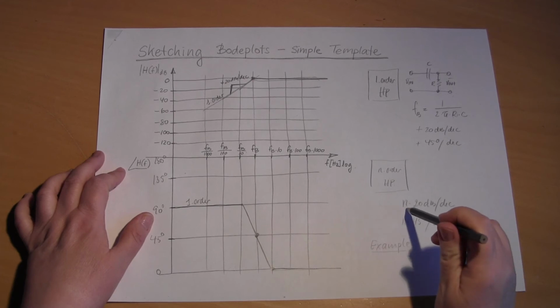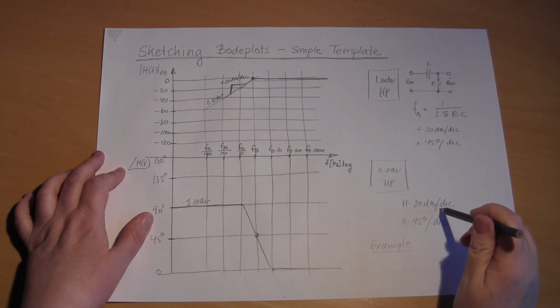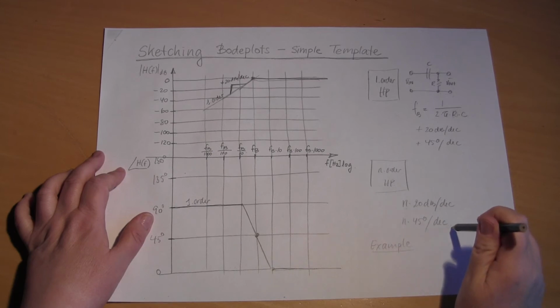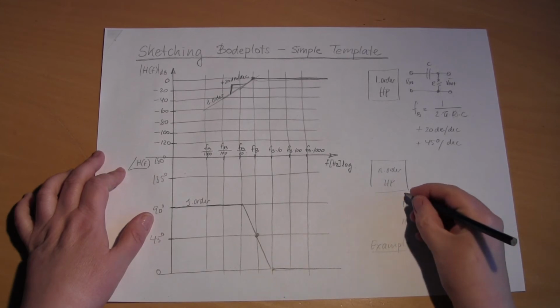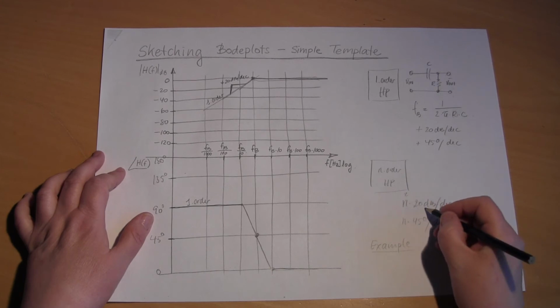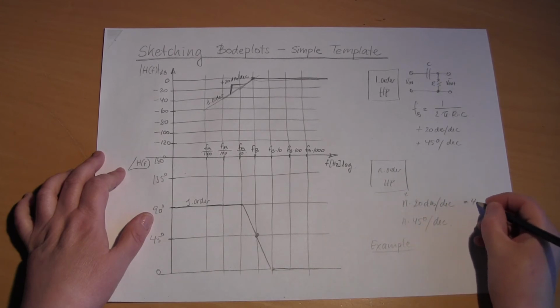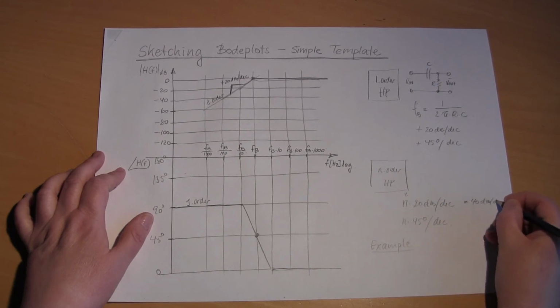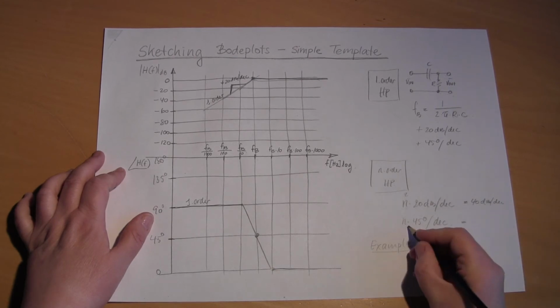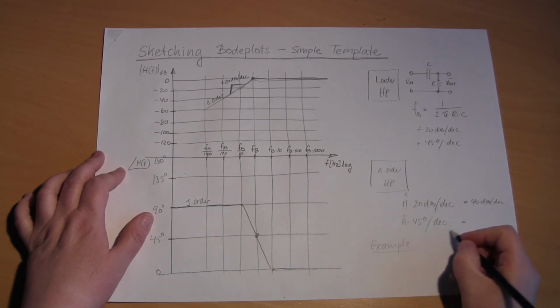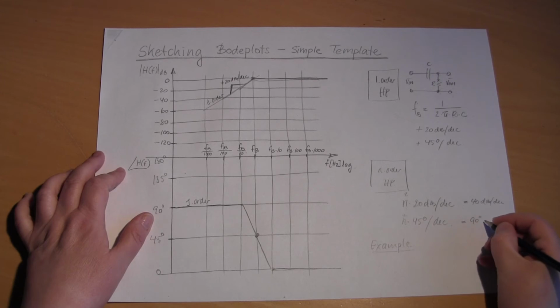Well, then we just multiply n onto this sloping outwards and also n to the phase. That means for a second order we will have 40 dB per decade, and for a 2 here you will have 90 degrees per decade.